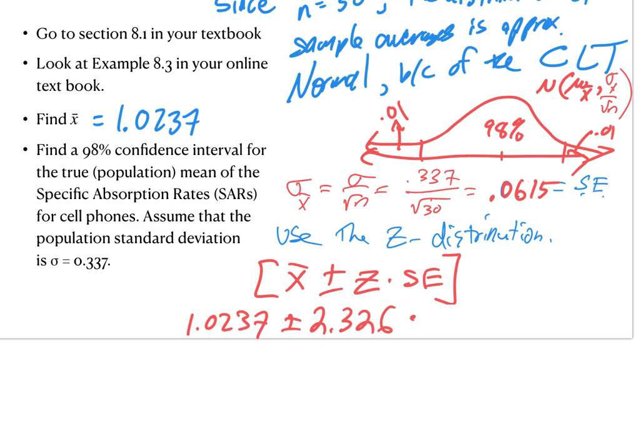The standard error, that was the sigma, that's a square root symbol. Sigma over the square root of n is the standard error, and we calculated that out to be 0.0615.